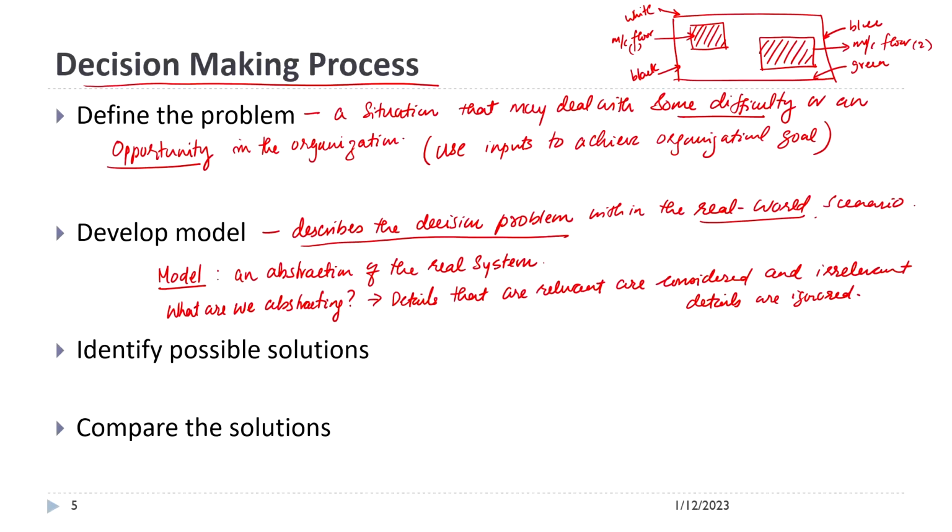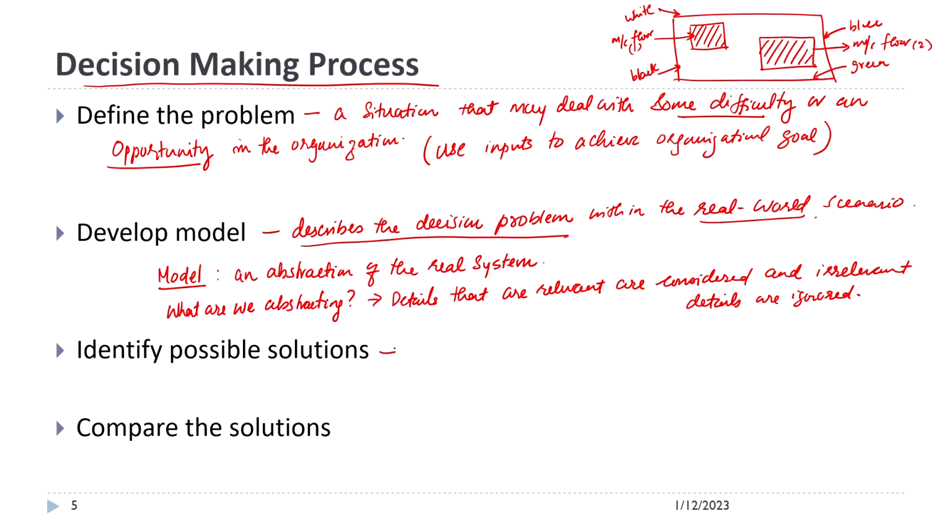So, when you are abstracting, you would only look at the square footage of the machine floor, where it is located, and where if you place this machine, you can still save a considerable amount of machine floor. You will find that place and put the machine. You may not look into the color of the wall at that time. So, that is the abstraction: the color of the wall is abstracted out and the rest of the details are maintained.